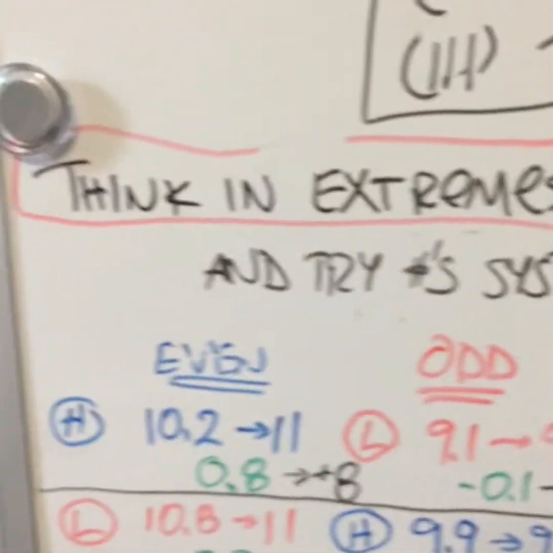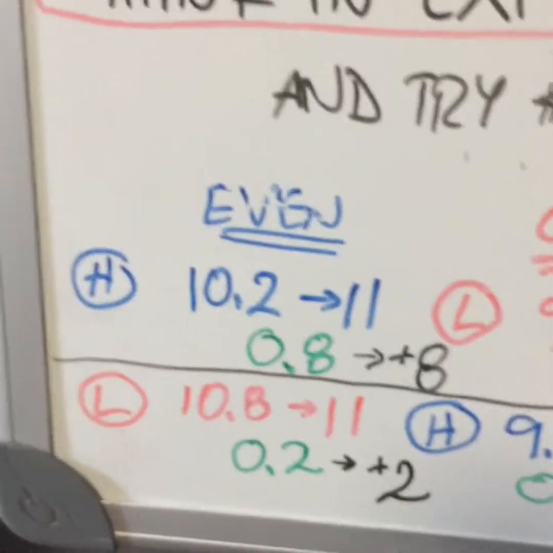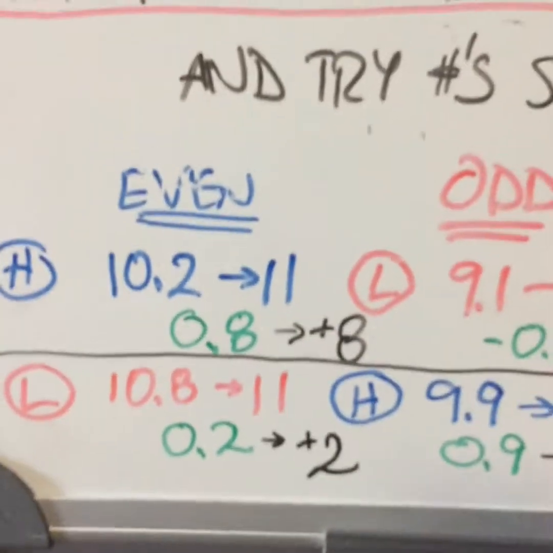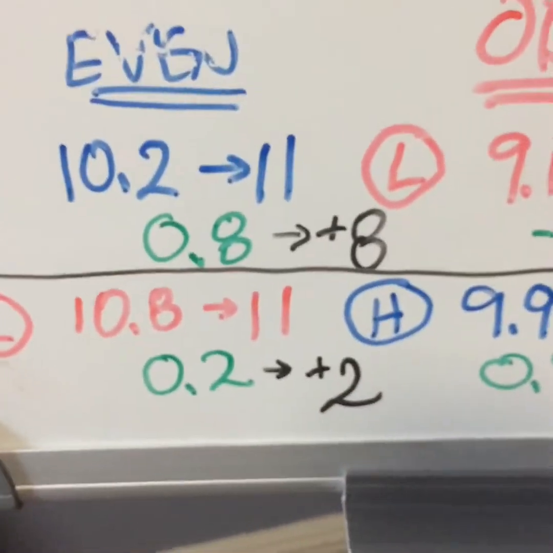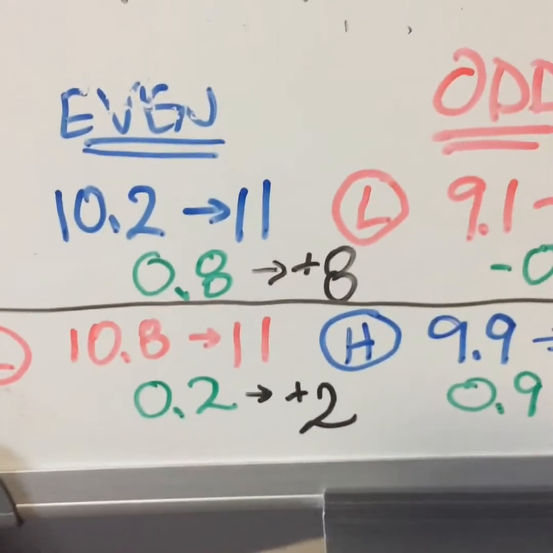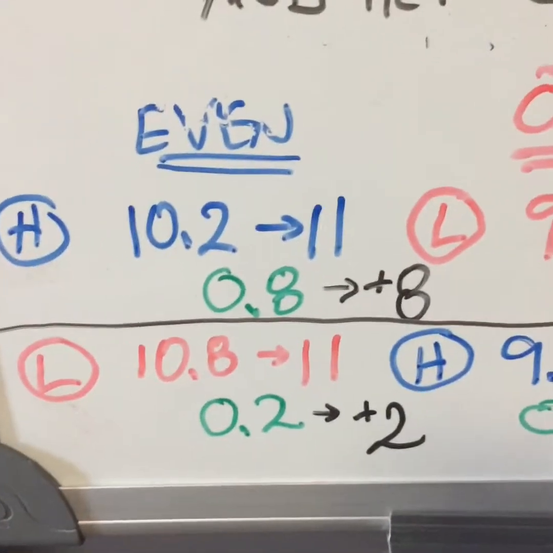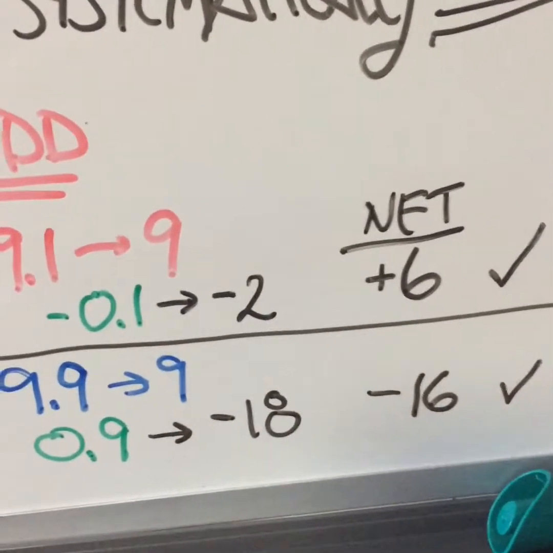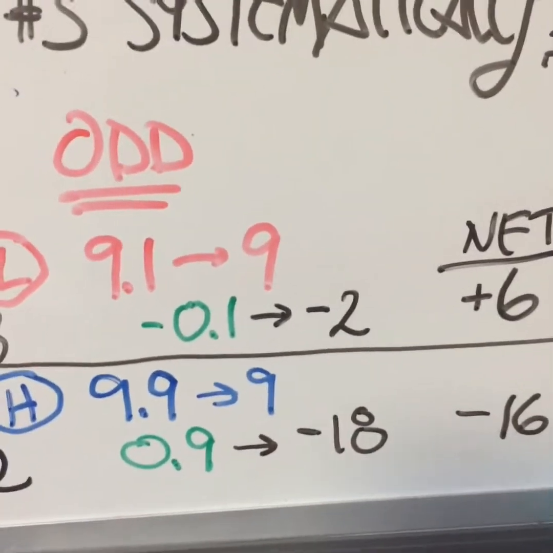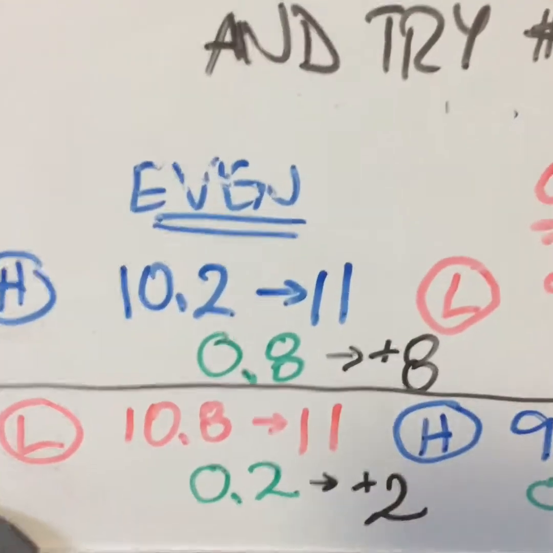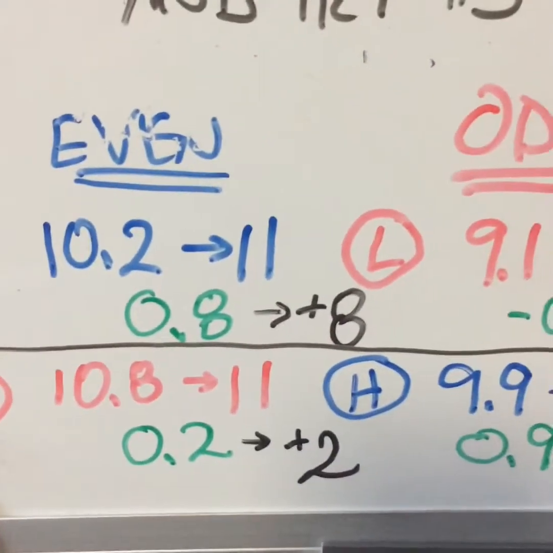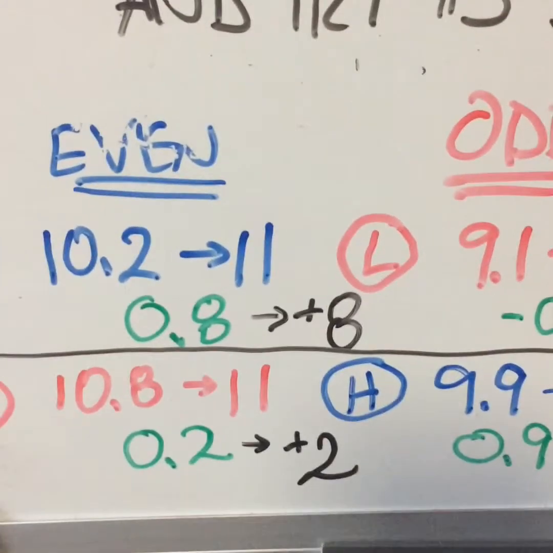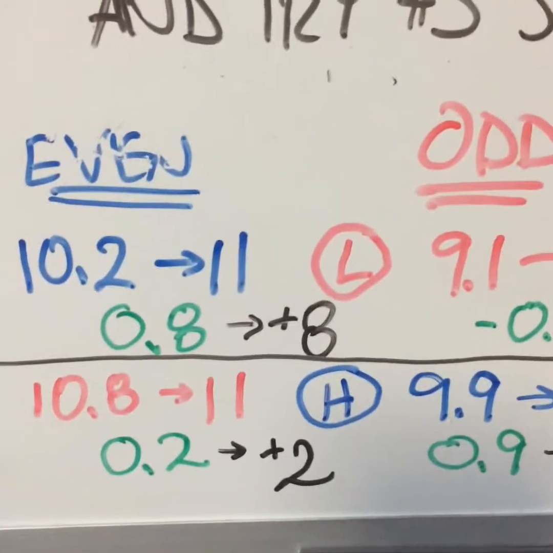Now on the other side, I'm going to vary the situation the other way, and I'm going to try to create the smallest positive value from my evens and combine it with the greatest negative value contributed by my odds. So I'm going to work with 10.8 now because the gap between 10.8 and 11 is only 0.2.